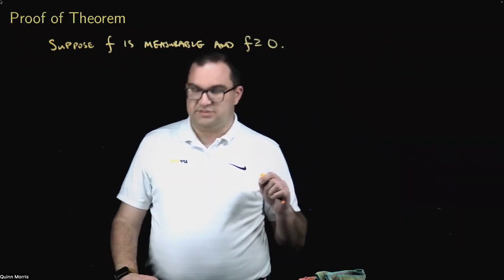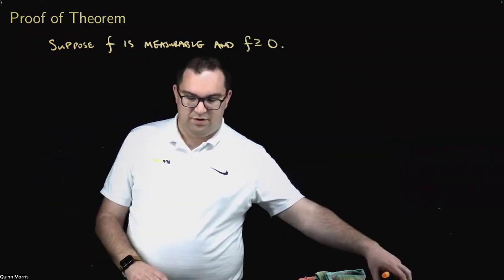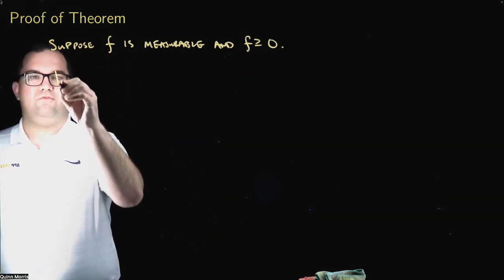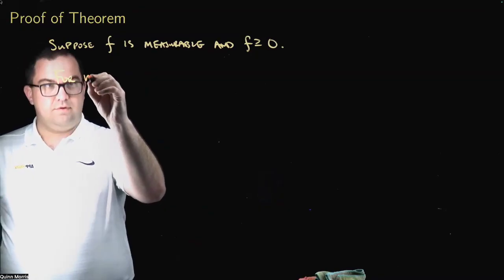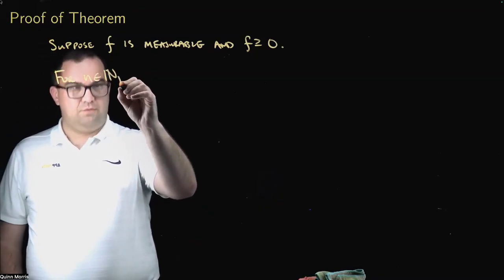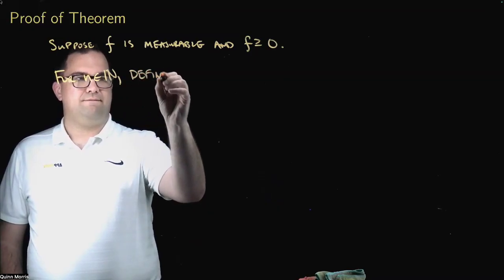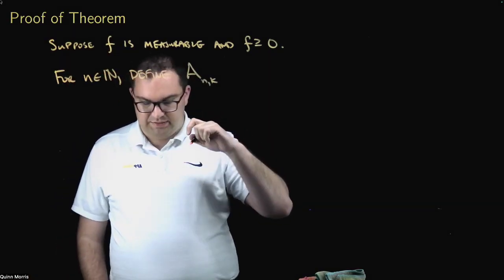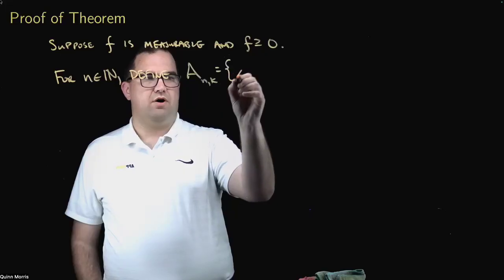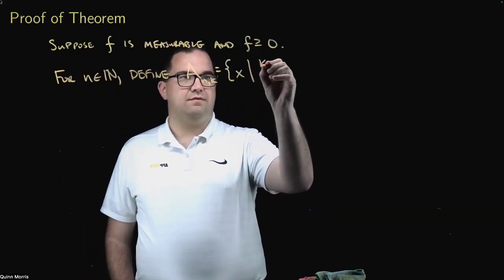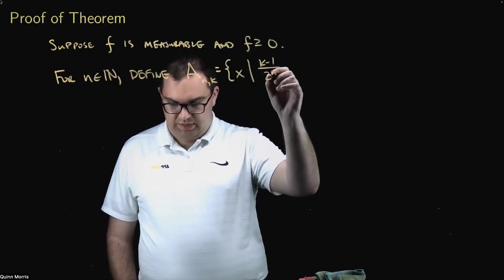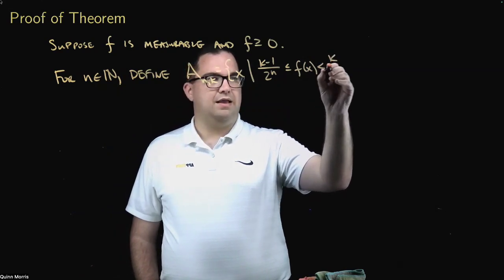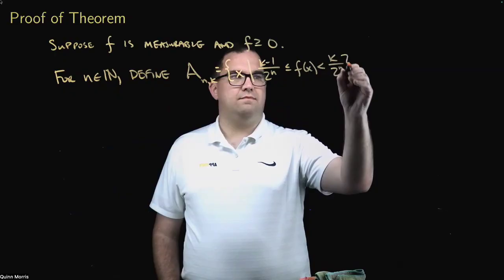And so what I want to do is the following. Now, again, I'm going to write some definitions here, and you're going to go, what on earth are all these things? And then I'll draw a picture to help explain. So for each natural number n, I want to define a set A sub nk, and A sub nk is going to be the set of all x such that (k minus 1) over 2 to the n is less than or equal to f of x is less than k over 2 to the n.